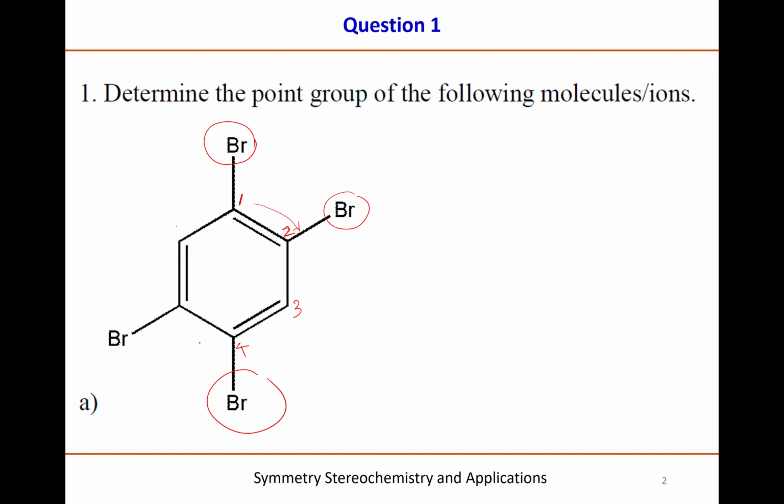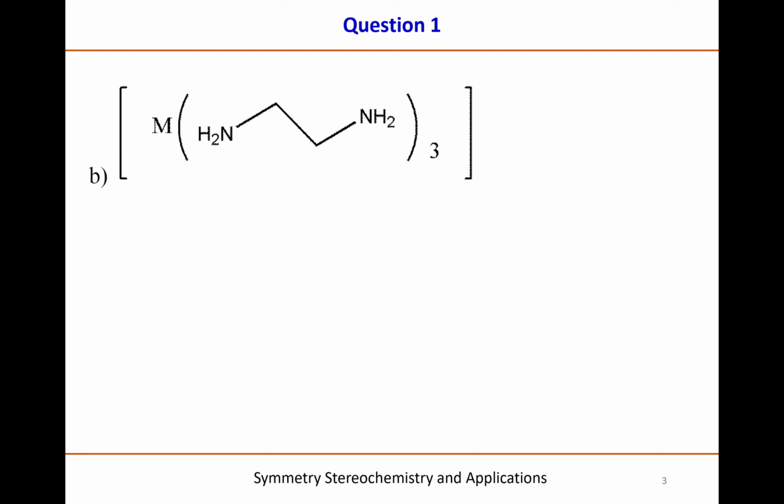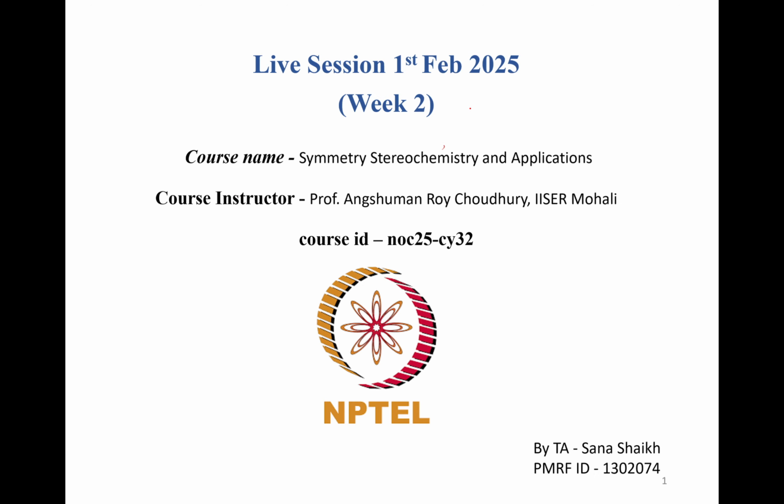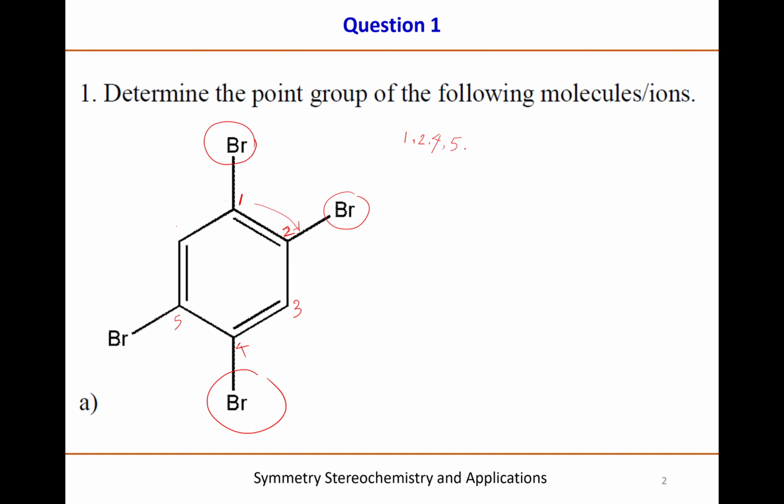3, 4, 5. So the structure will become 1, 2, 4, 5-tetrabromobenzene.